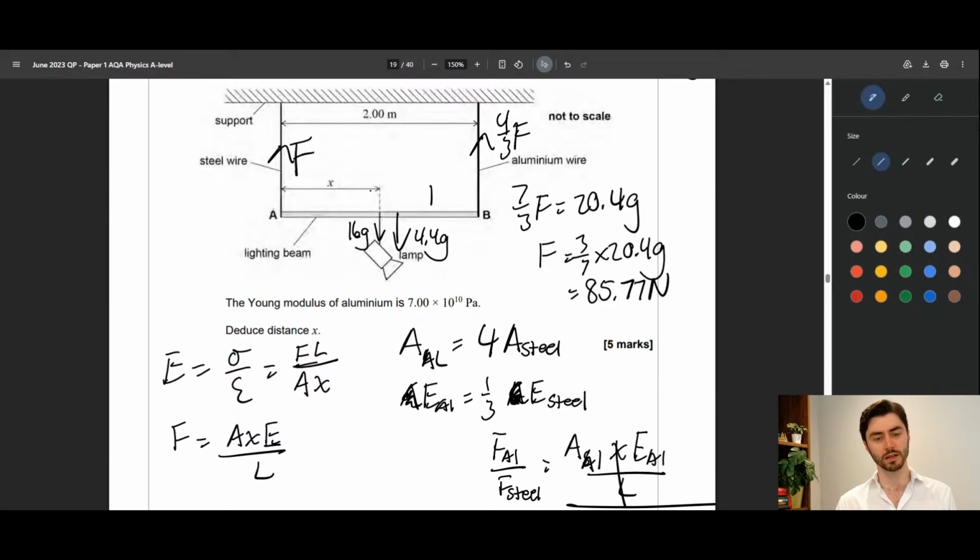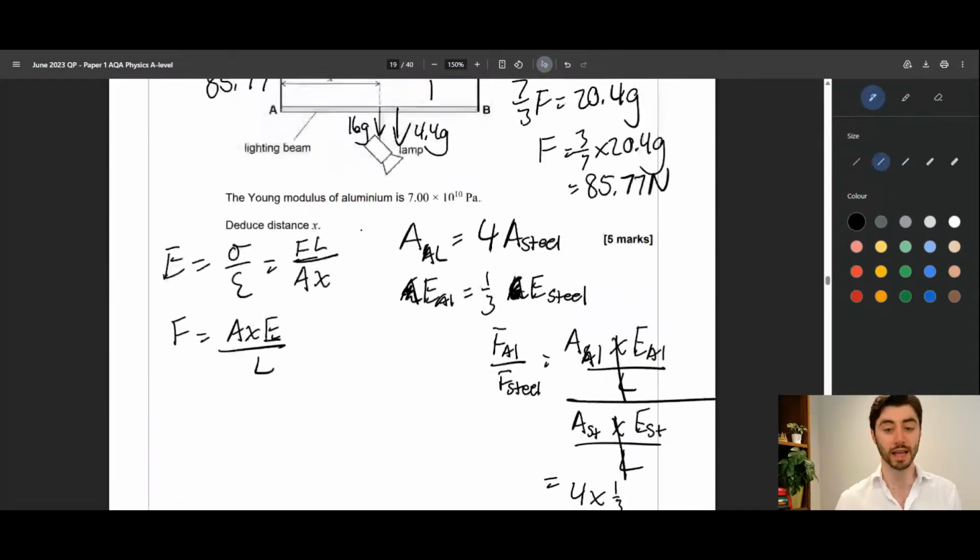And then let's take 4/3 of that, so times 4/3, which means this force there is the 85.77, and this is 114.36-ish.